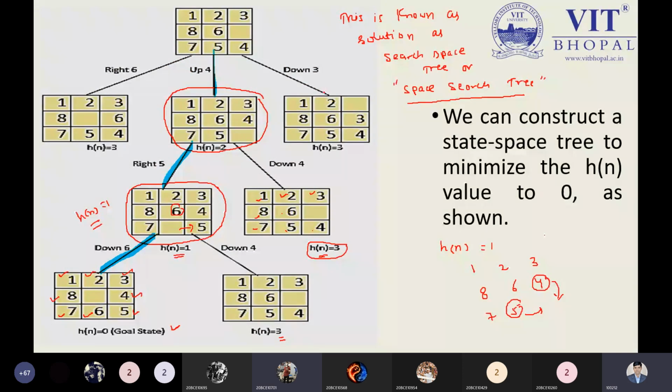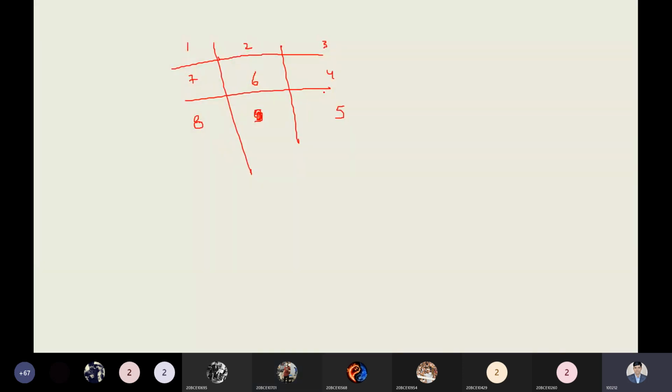It is only 4 downside and then hn equal to 3. I want to say that there should be 2 steps: 5 left side and 4 downside. But sir, in the answer it's only one, 4 downside.